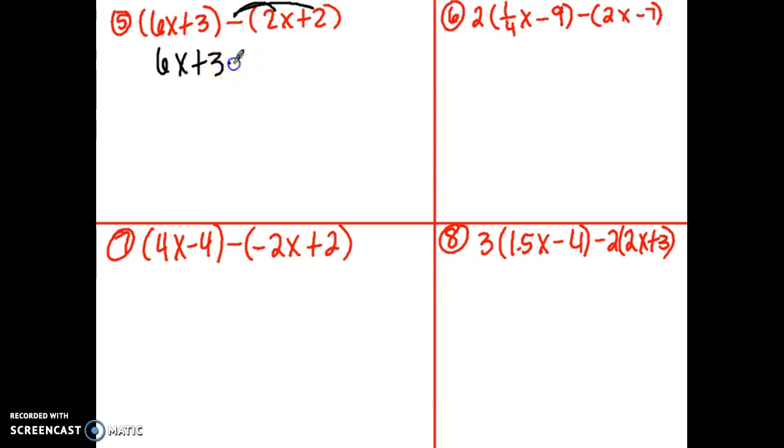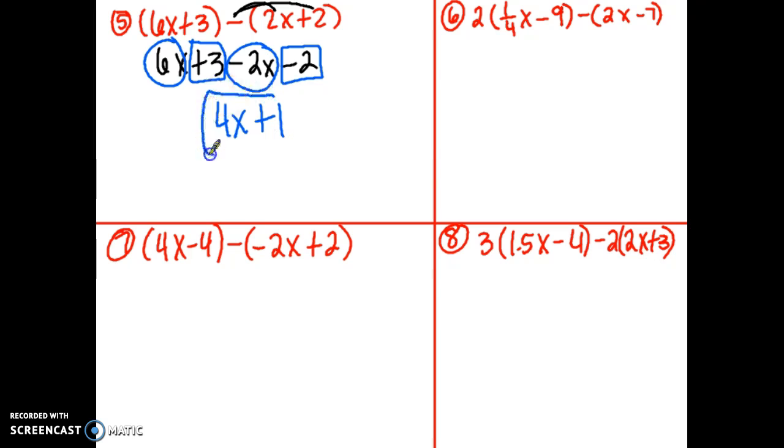I'm literally subtracting 2x and subtracting 2. Now that I've rewritten my problem without parentheses, it's just like adding linear expressions. You combine like terms. 6x minus 2x is 4x, and 3 minus 2 is 1. So my answer is 4x plus 1.